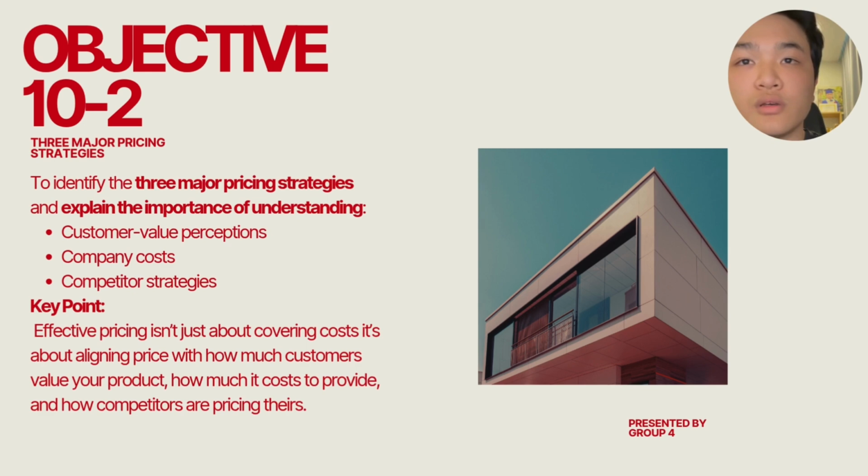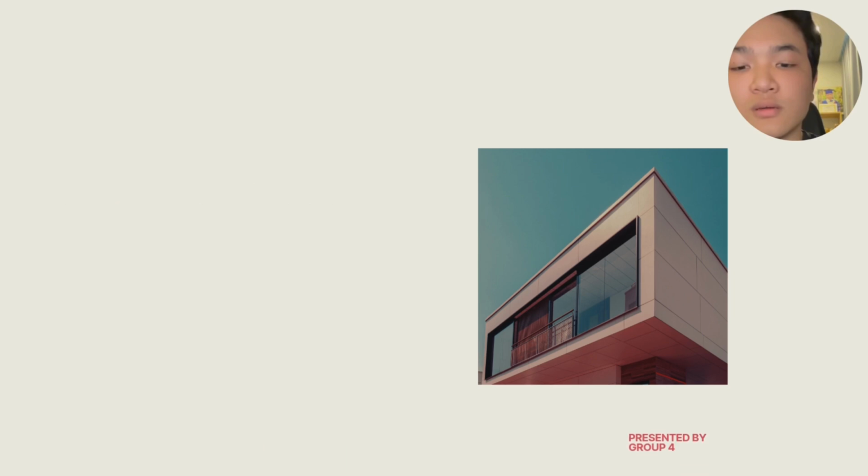Marketers need to understand what customers are willing to pay, how much it costs to deliver the product, and what competitors are charging. A good pricing strategy is not just about covering cost, it's about aligning price with perceived value, internal profitability, and market positioning.